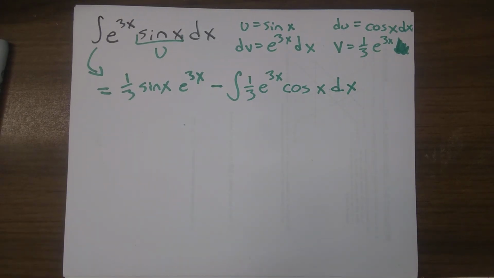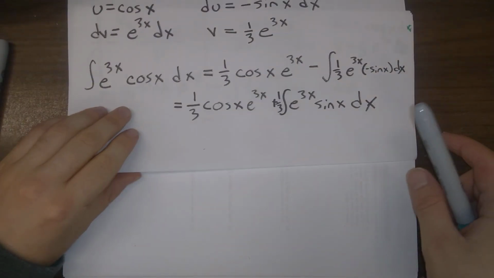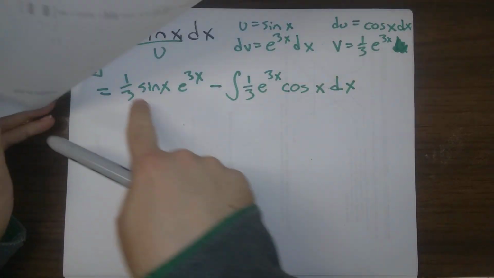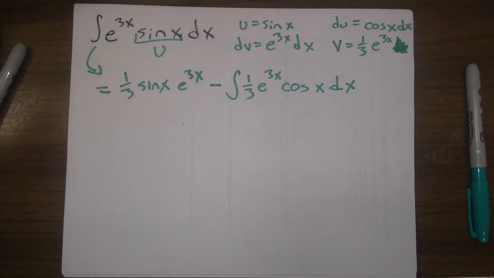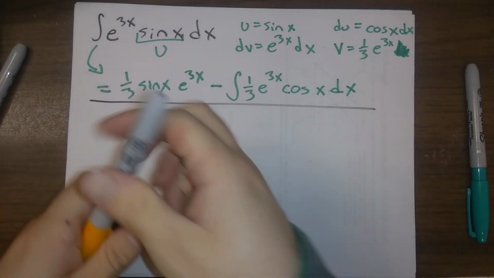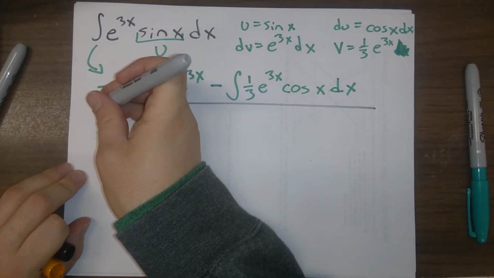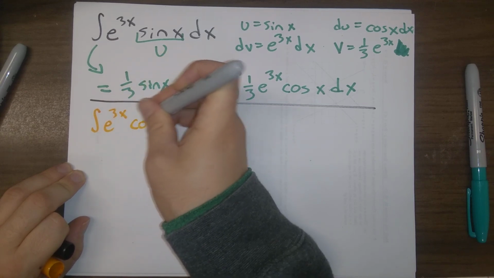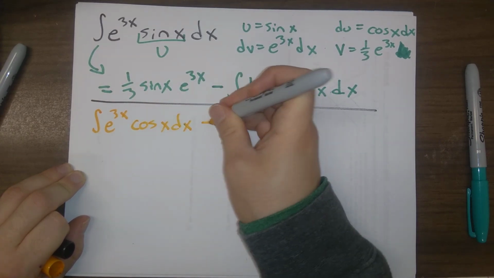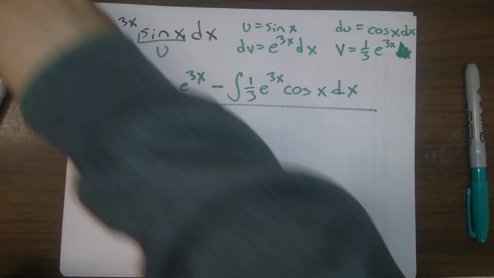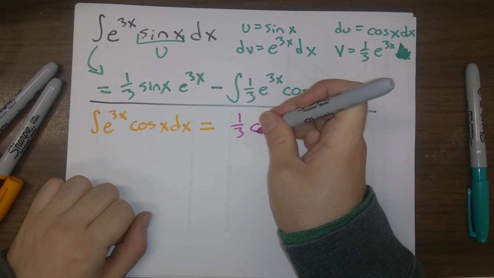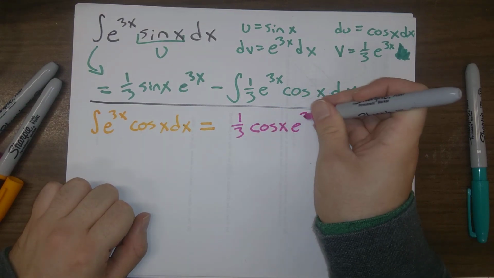And so now let's put together this equation and this equation. So what are we concluding right now? We're concluding that the integral of e to the 3x cosine x dx is equal to 1/3 cosine x e to the 3x.